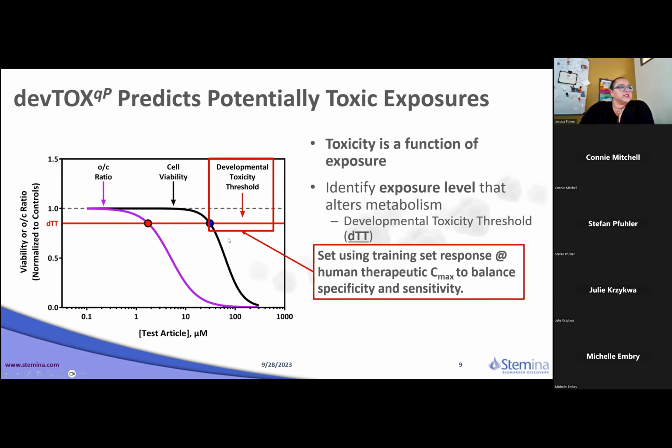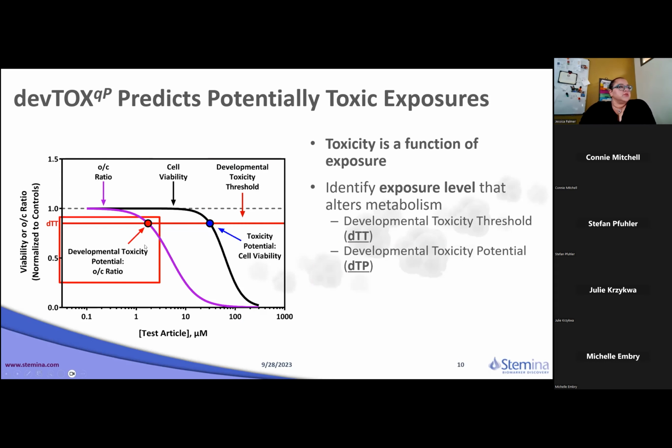And so this threshold is based on comparing the response in the training set to the concentration in humans where developmental toxicity has or has not been observed, in addition to looking at the variability of the data points and making sure that we're not within that noise belt.